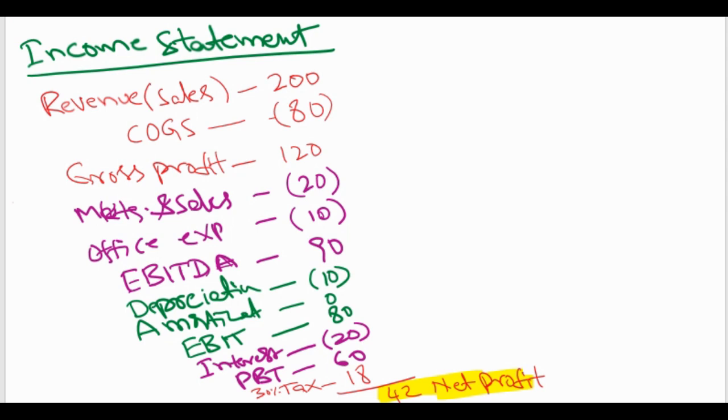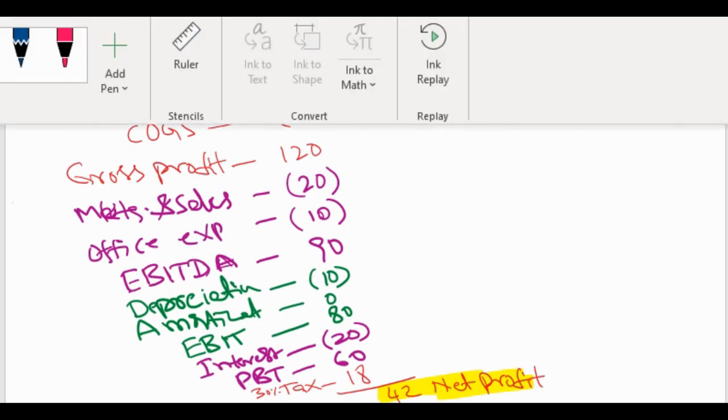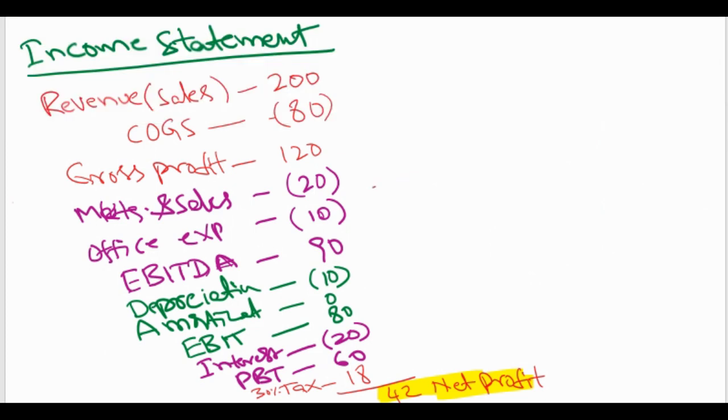So now let us look at these formulas, whatever we discussed. What is the gross profit margin, what is the operating profit margin, what is the pre-tax margin, and then the net profit margin. So let us look at them one by one. First we will take gross profit margin. So what is gross profit margin?